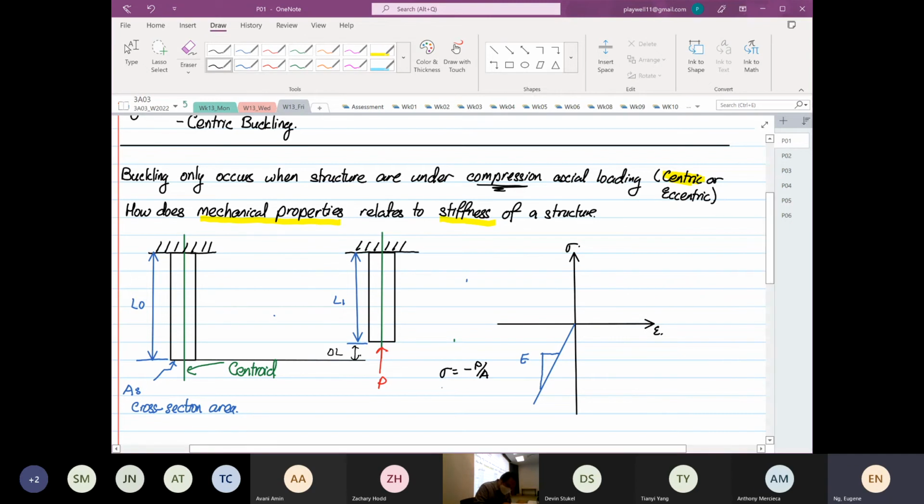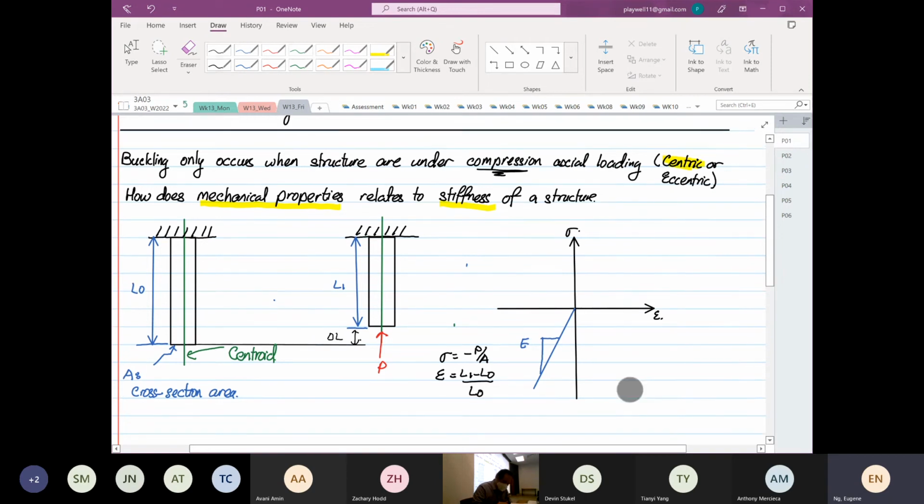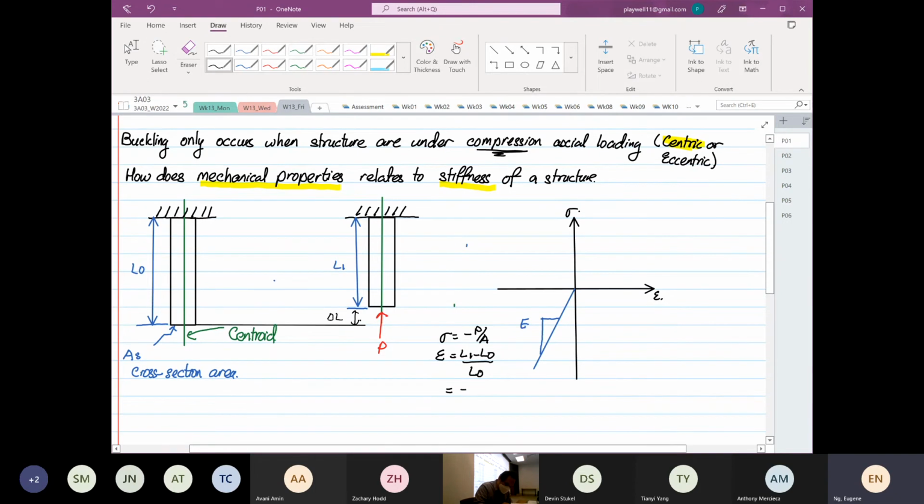And the strain is equal to L1 minus L naught divided by L naught, right? What you will get is negative delta L over L naught. So in terms of stress, this is negative. In terms of strain, this is also what? Negative. Okay. That is why I draw in the third quadrant.